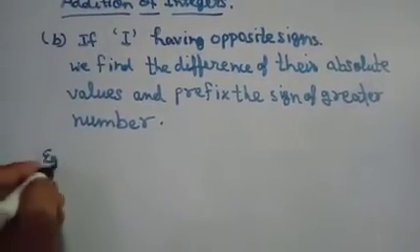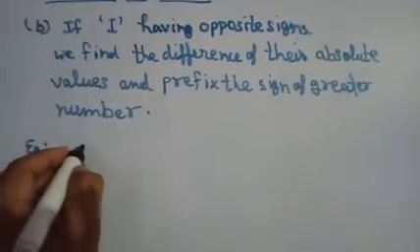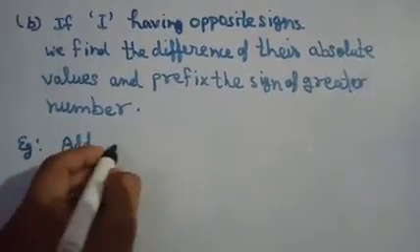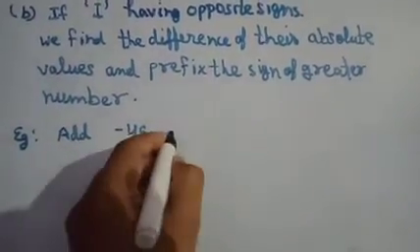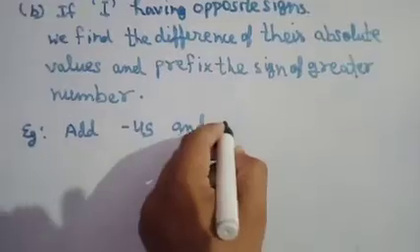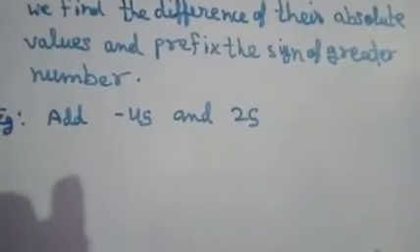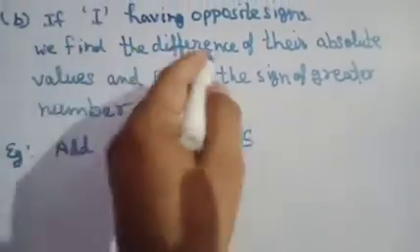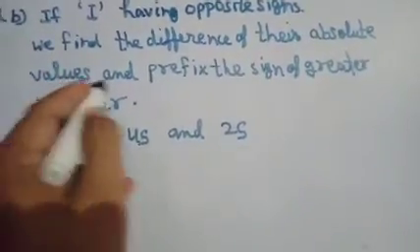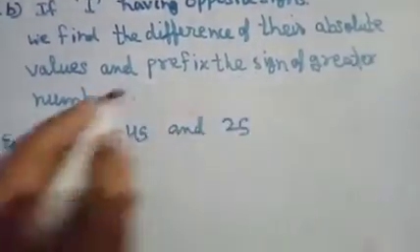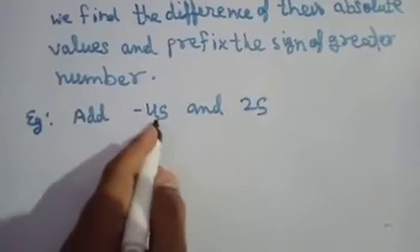Now example, add minus 45 and 25. The rule is that we find the difference of their absolute value and prefix the sign of the greater number. Here the greater number is 45.